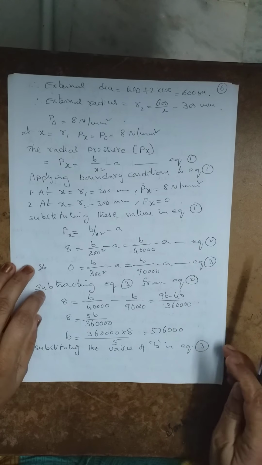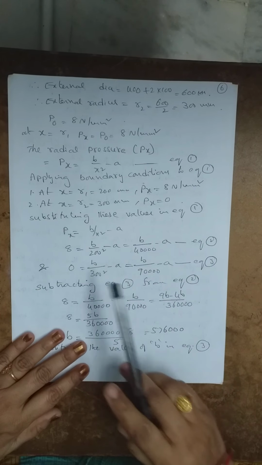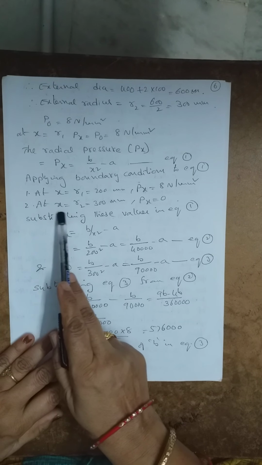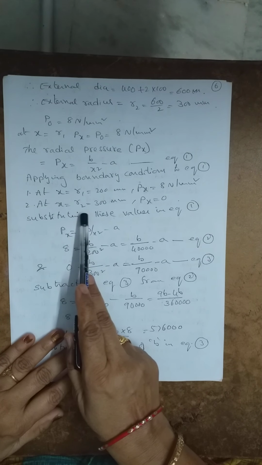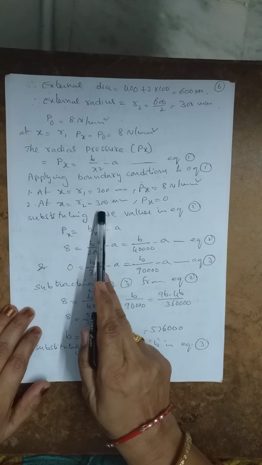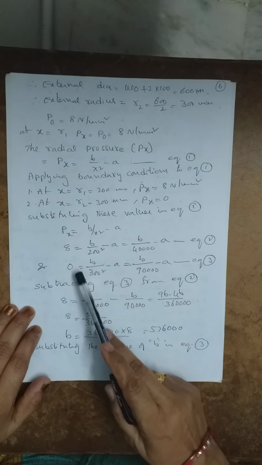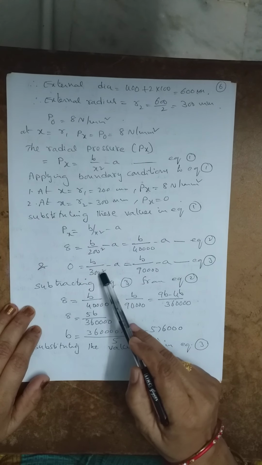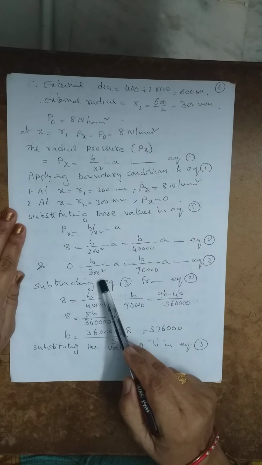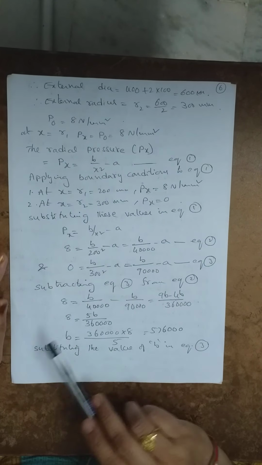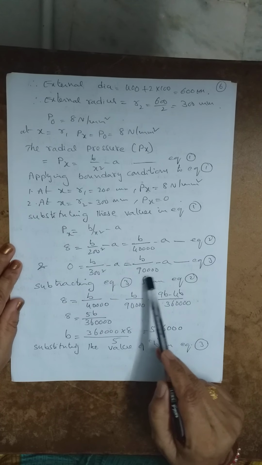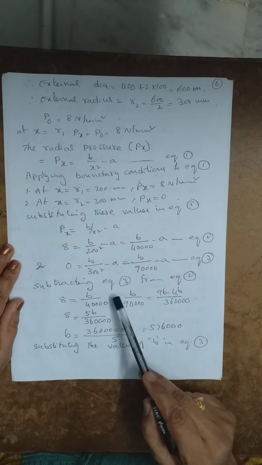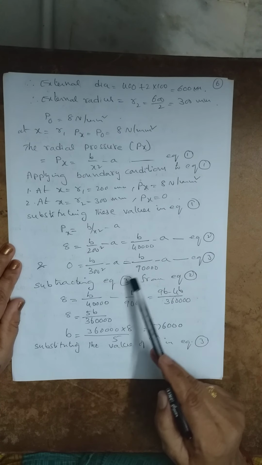This is equation 2. For the second boundary condition, x equal to r2, the external radius 300 mm, and px 0, so 0 is equal to b by 300 square minus a, that is b by 90,000 minus a. This is equation 3. Now subtract equation 3 from equation 2.